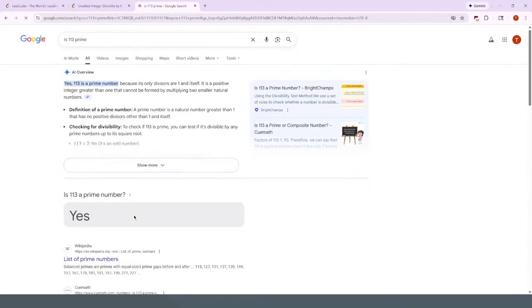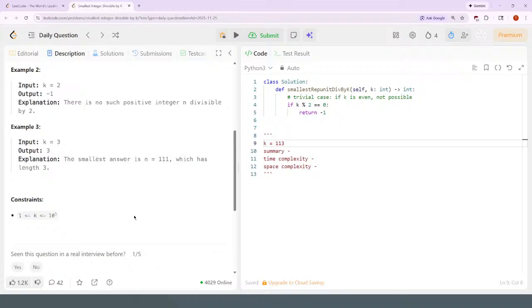What would be the earliest number of ones that is divisible by 113? Not 1, obviously it has to be at least 113, so the earliest could be 4 ones.